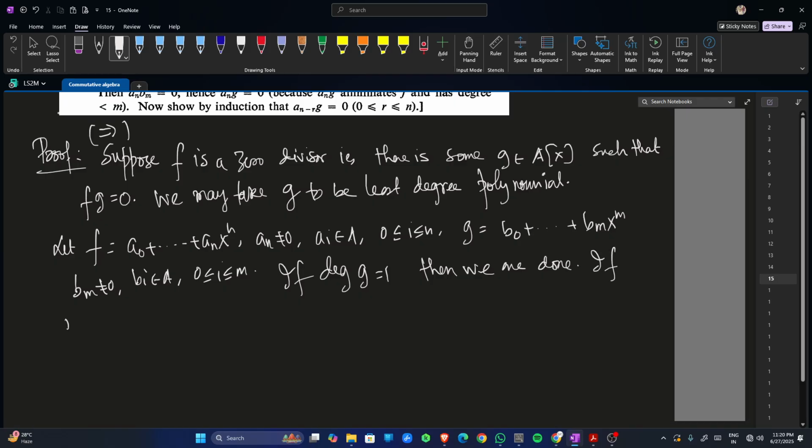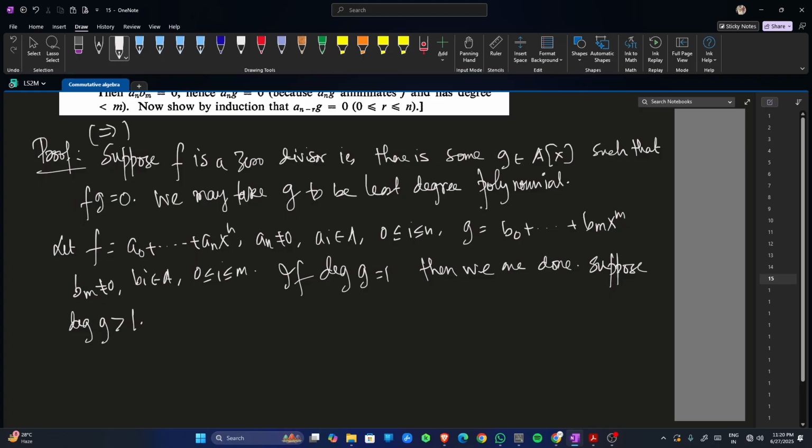If not, suppose degree g is strictly greater than 1.